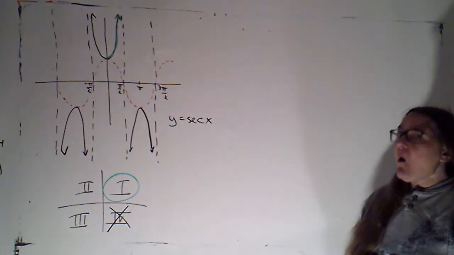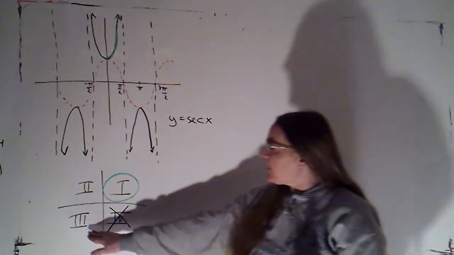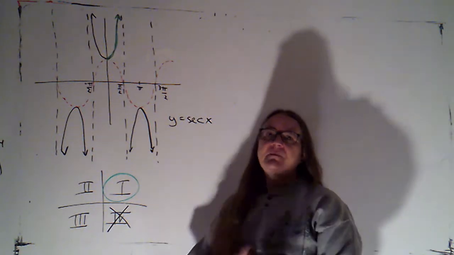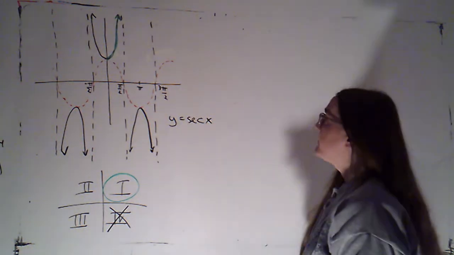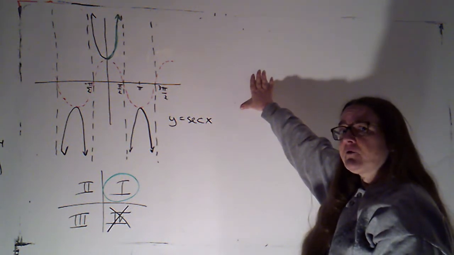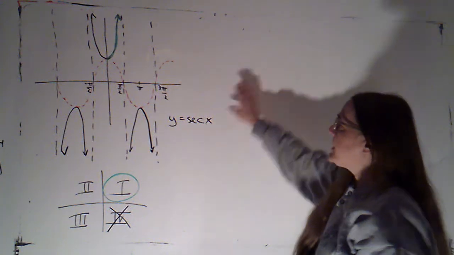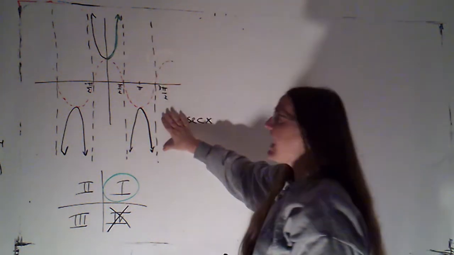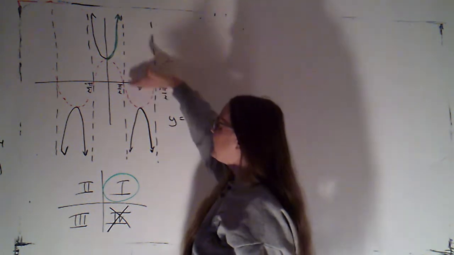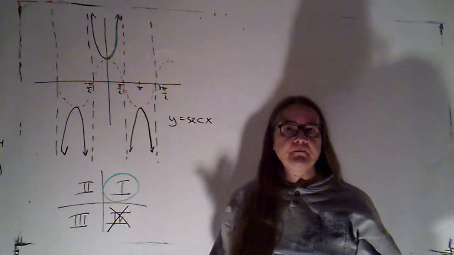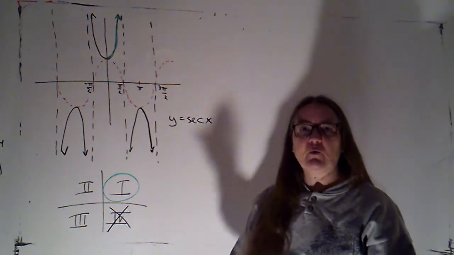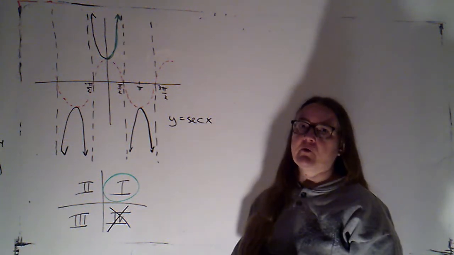Now, with all the other functions we've done so far, we ruled out quadrant 3 because it's not adjacent to quadrant 1, and that was going to mean we wouldn't get a connected piece of graph. But if I look at the graph of secant, there's no way I'm going to get a connected piece of graph when I restrict the domain, because the positive part and the negative part don't connect. Secant does not take on any of the values between -1 and 1. So the advantage of having an adjacent quadrant is lost. We're not going to get a connected piece of graph.